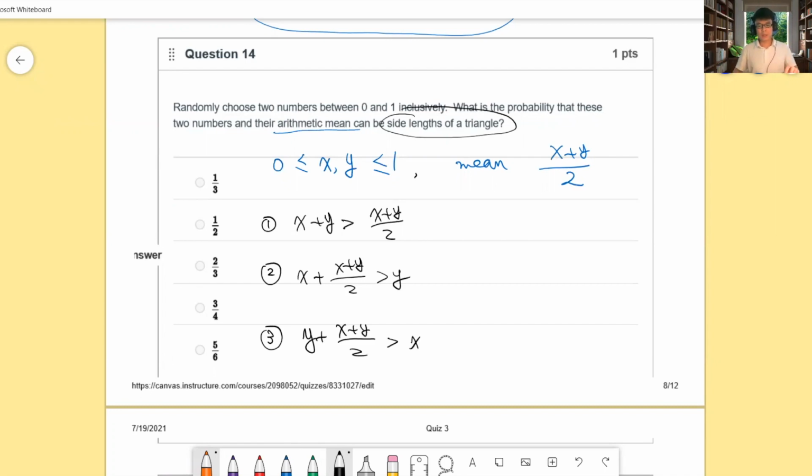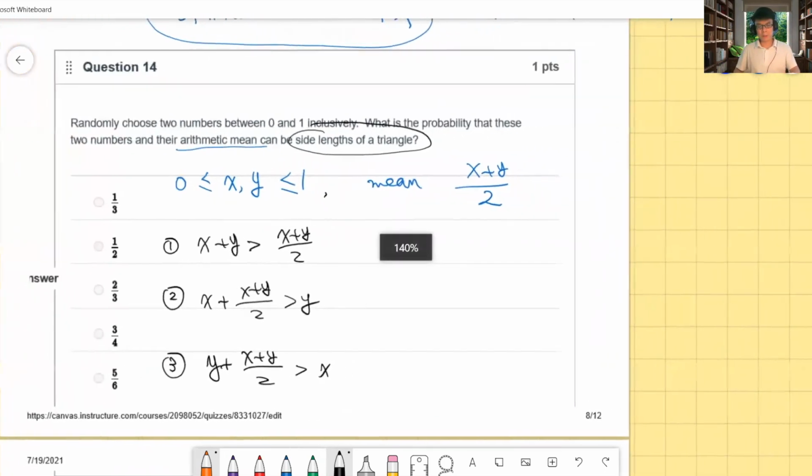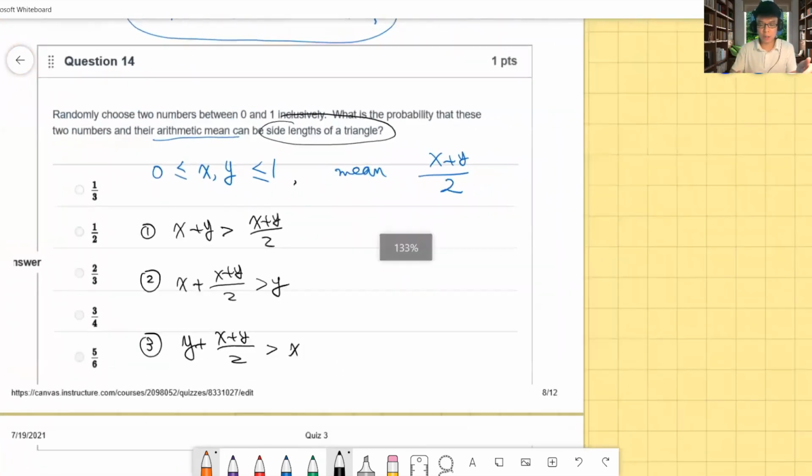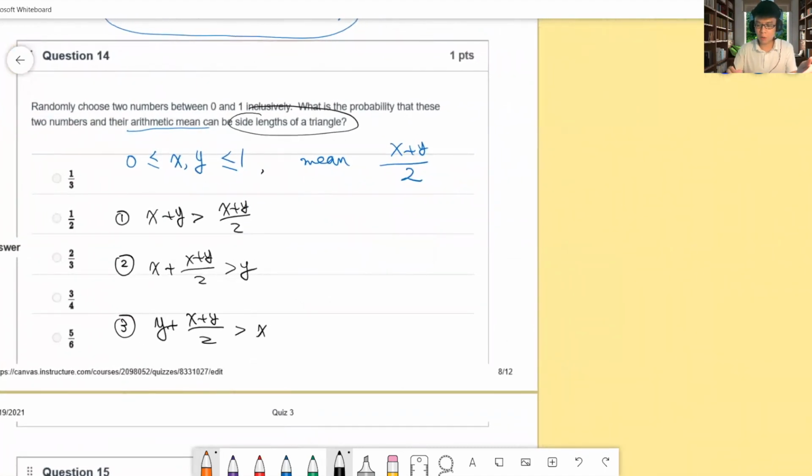Now let's characterize this mathematically. So first, both x, y are freely selected from 0 to 1. That corresponds to x and y both possibly being any number from 0 to 1. So we draw a coordinate system, a unit square, 0, 1, 0, 1 here.